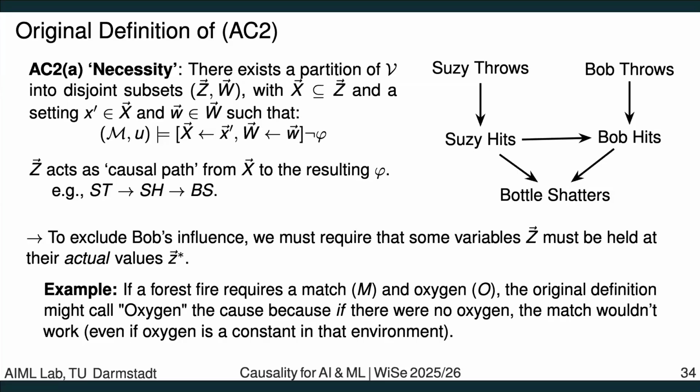So this initial definition is a bit strange in that regard, in that it always sees these constants as but-for causes. Of course, they are required, but therefore it excludes some variables which we would maybe like to include in our reasoning or in our but-for cause.